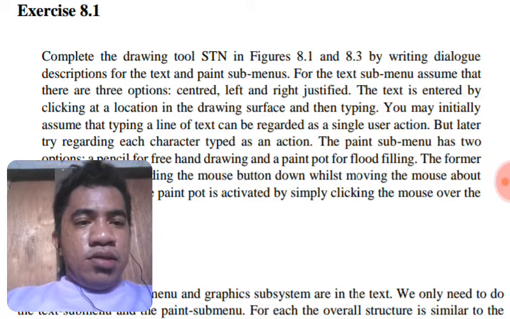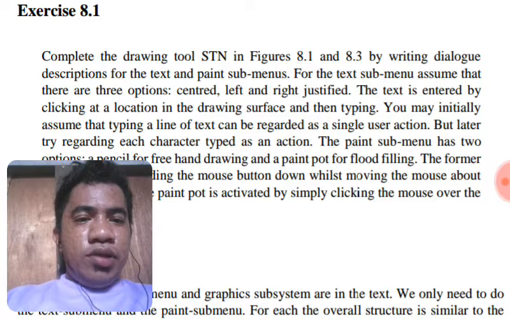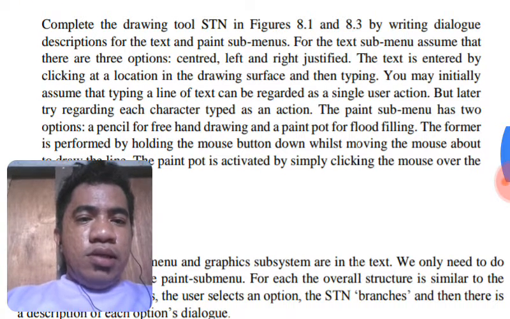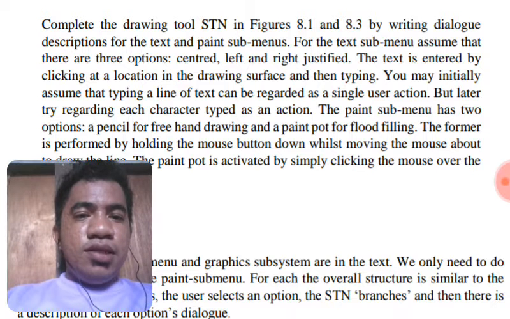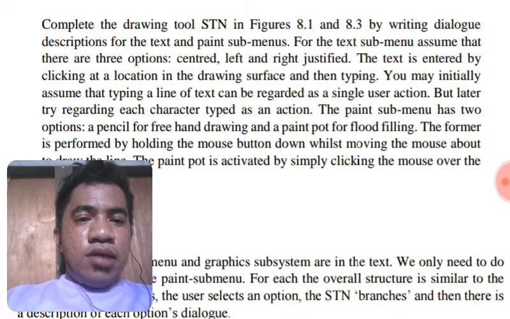Justify. The text is entered by clicking at a location in the drawing surface and then typing. You may initially assume that typing a line of text can be regarded as a single user action, but later try regarding each character typed as an action.